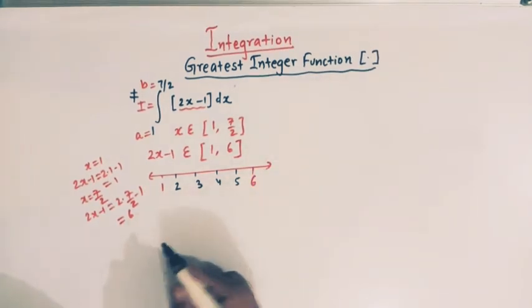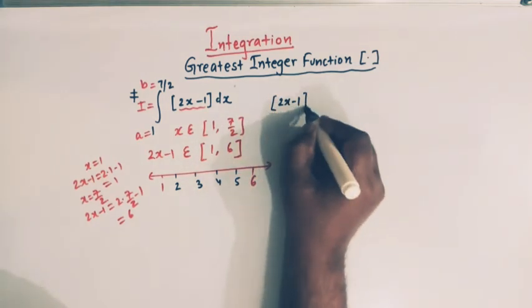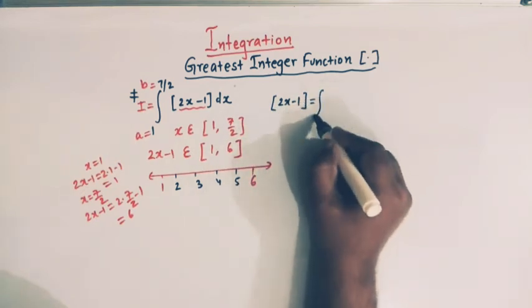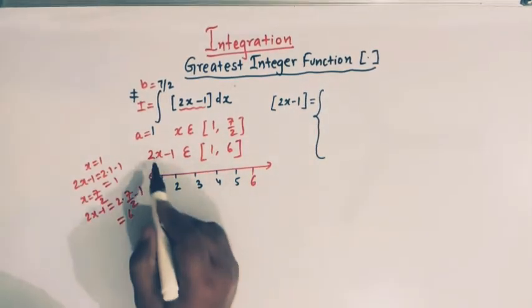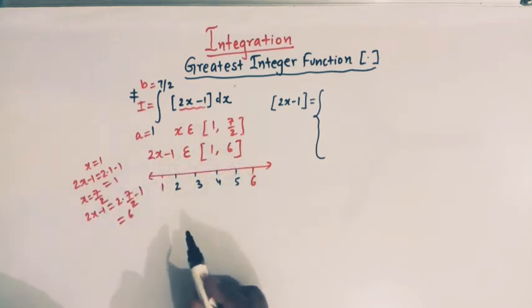So we have the greatest integer function 2x minus 1. Now here we see that the value of 2x minus 1 lies in the interval [1, 6), clear?